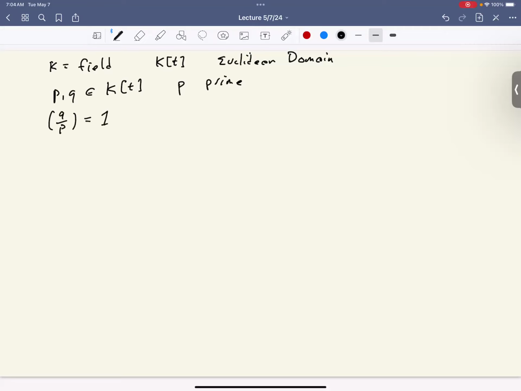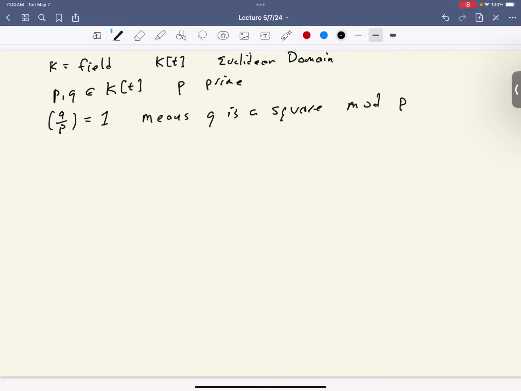It's just a convenient notation, so you can relate it to the classical case. But this just means that Q is a square mod P, of course. Now, what does this mean?